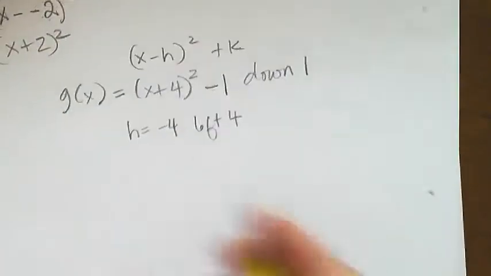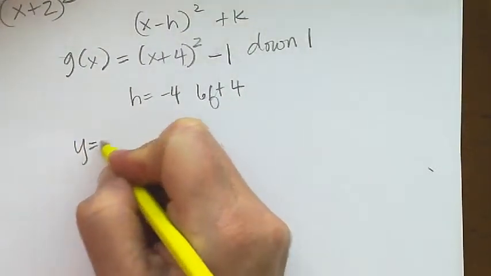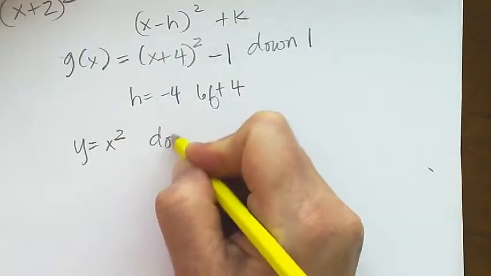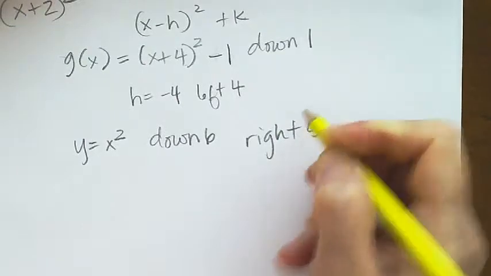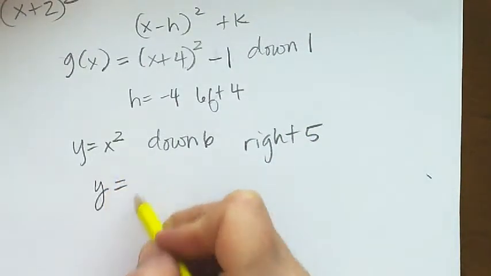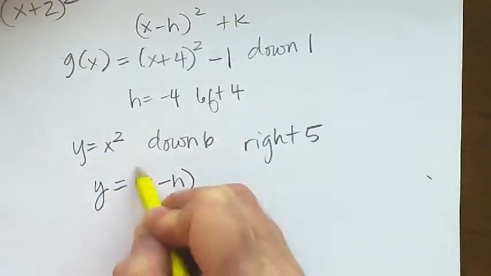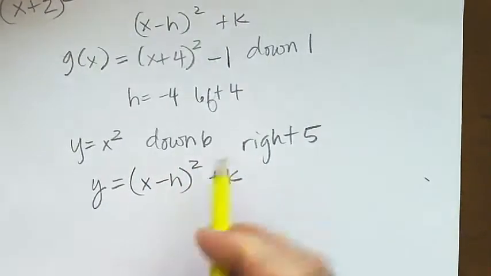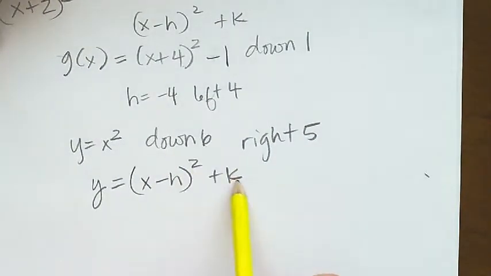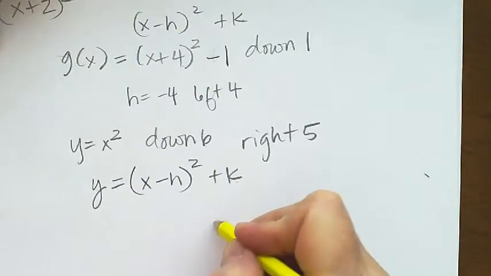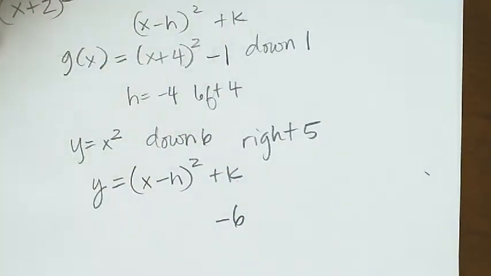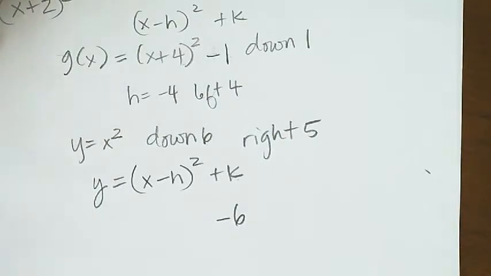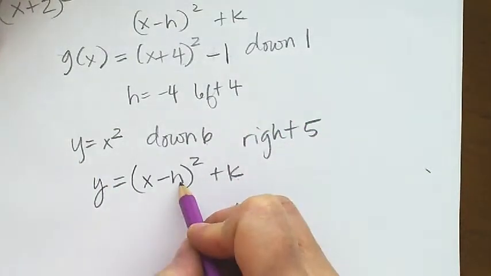Okay, the next example says that y equals x squared is shifted down 6, right 5. So I'm going to use my template, y equals x minus h squared plus k, and I'm going to plug in 6 for k, and it's down 6, so it's going to be minus 6, and then I'm going to plug in 5 for h.